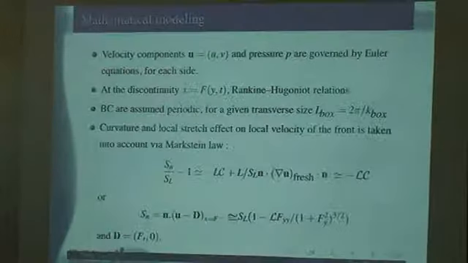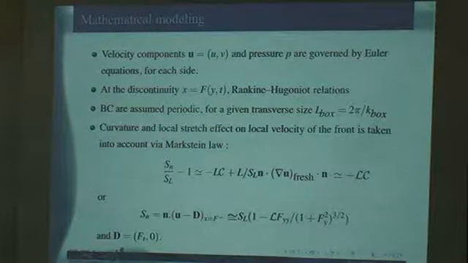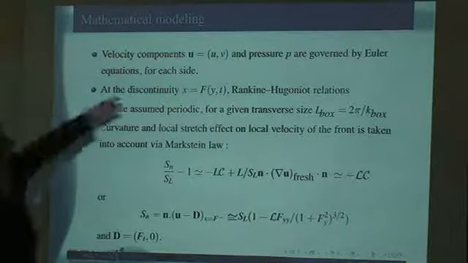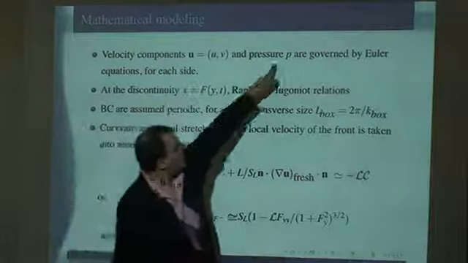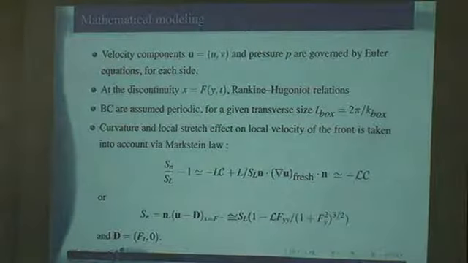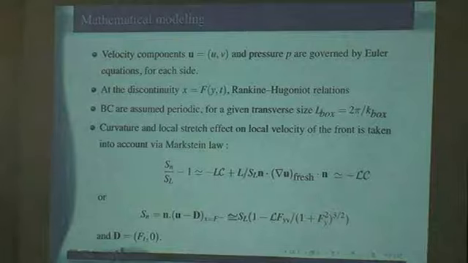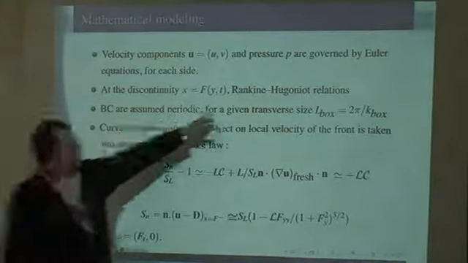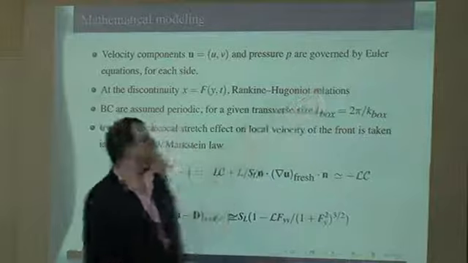So, what is the mathematical model? We suppose a 2D flow, with 2D velocity components and pressure, governed by Euler equations for each side. At the discontinuity, since the problem is hyperbolic, we shall have Rankine-Hugoniot jump relations.